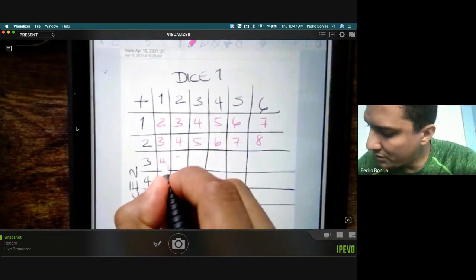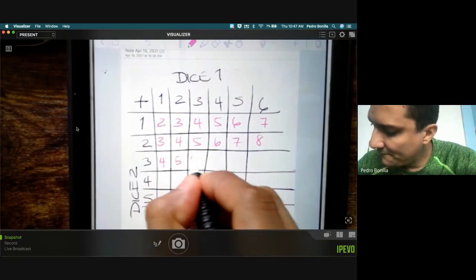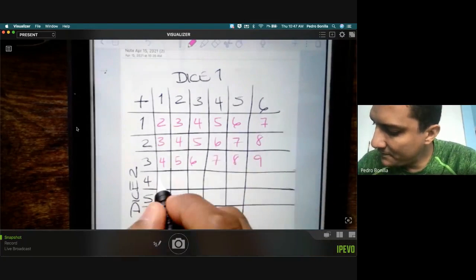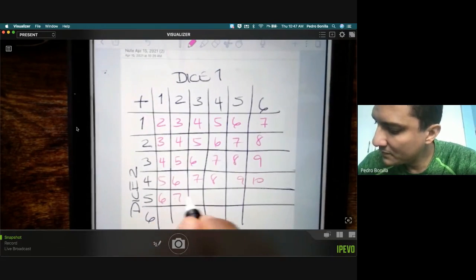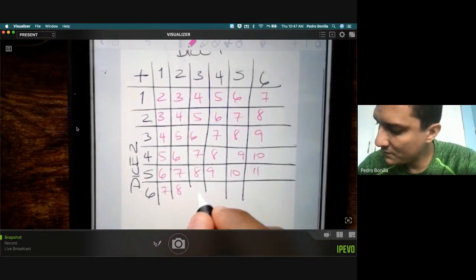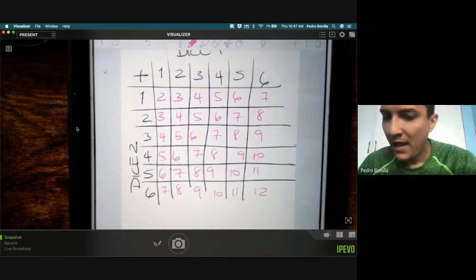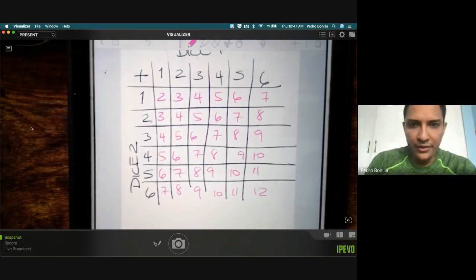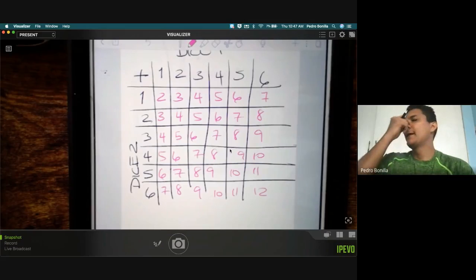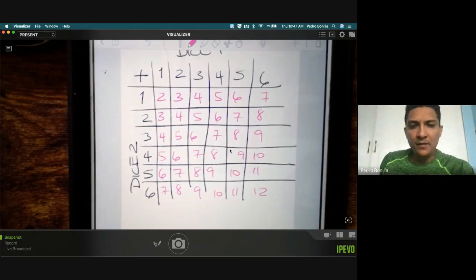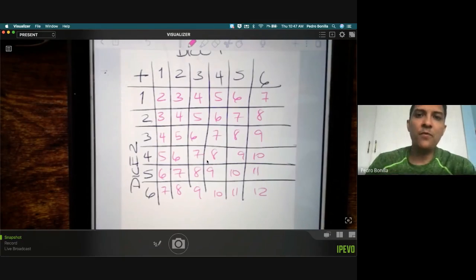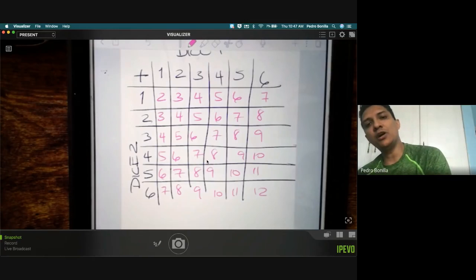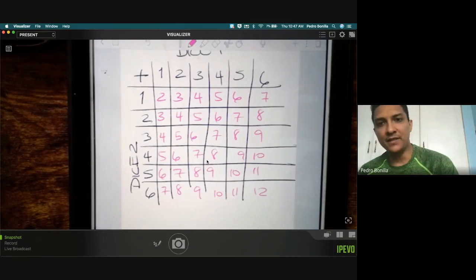I think that you already got the logic. And here I have all this that I marked in purple. All of them are the possible outcomes when we combine them.